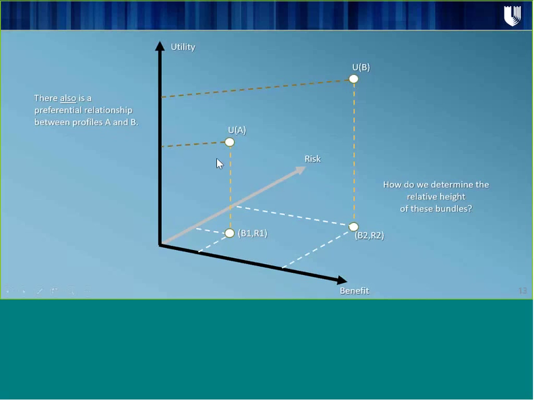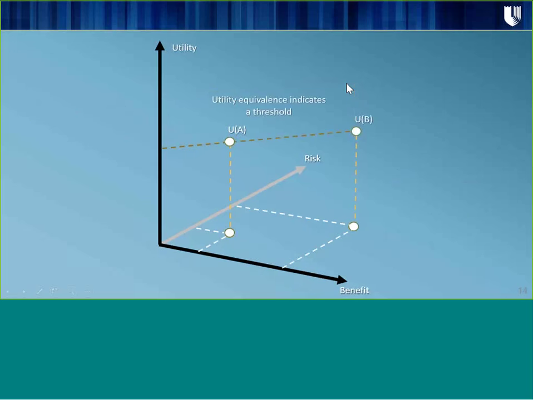So the question that we're trying to answer as we conduct these studies, and specifically when we try to analyze the data that is generated by stated preference instruments, is how do we uncover that relationship? How do we quantify that difference between profiles? And perhaps more importantly, at what point are these bundles of benefits and risks associated with the same level of utility, okay?